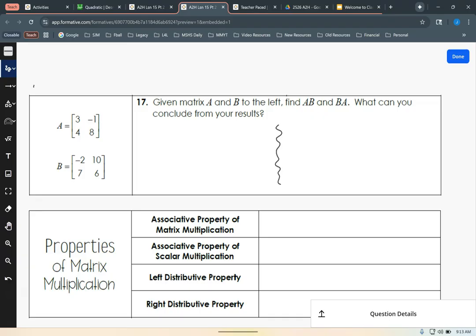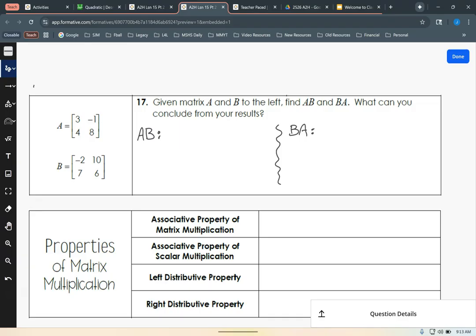So we know that we can multiply these because the columns in A and B all line up. We're going to have 2 by 2 answers, so we're good there. So what I want to do is, on the left, find the product AB, and on the right, find the product BA.